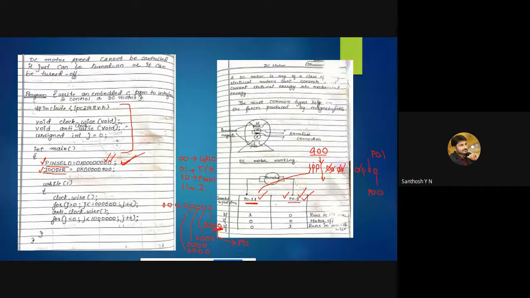If you write 1 here, it means you are making those pins work as output pins. It is obvious that we have to make those pins work as output pins, so only those pins are made output. That's why I'm passing 900 here.